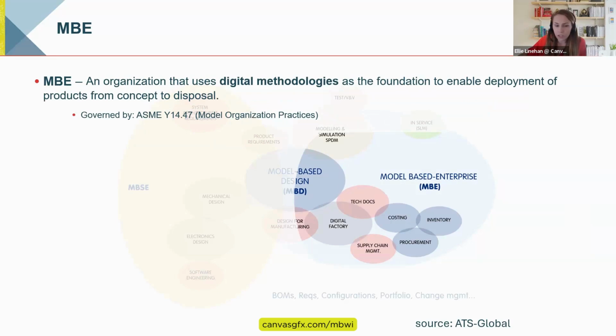And then briefly, I'll just define MBE and MBSE. So MBE refers to really the organization using digital methodologies to enable products for the full life cycle. So also leveraging the model as the central business object, the 3D model.